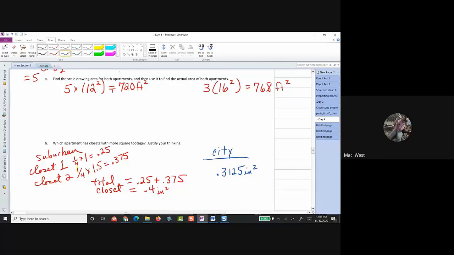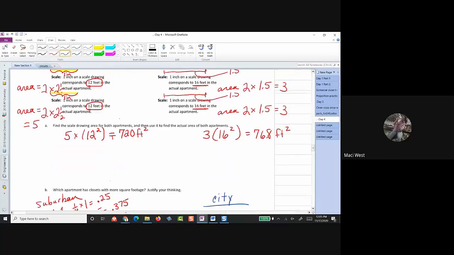Do you mind scrolling back up really quickly so I can put it into my calculator?